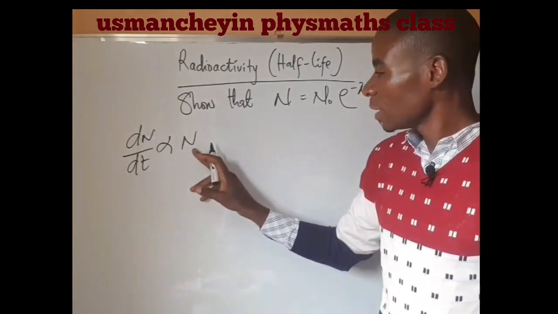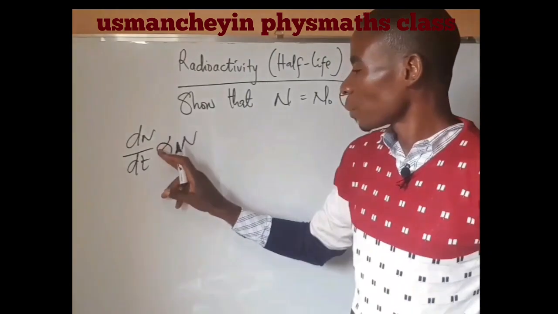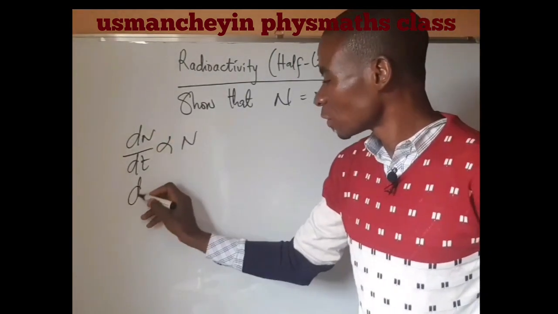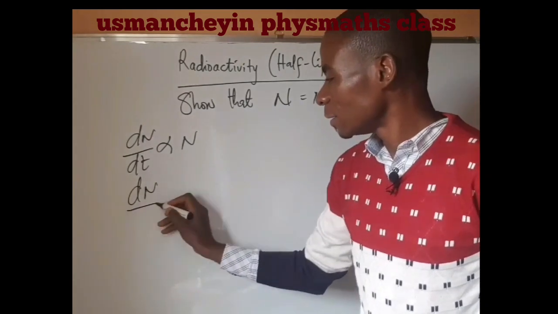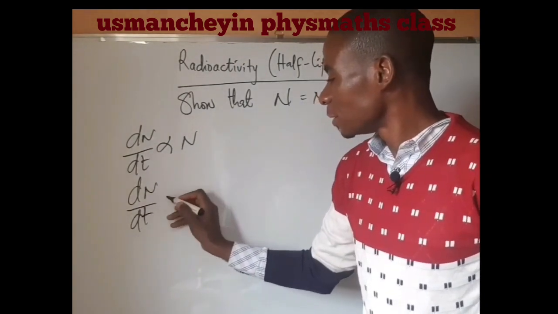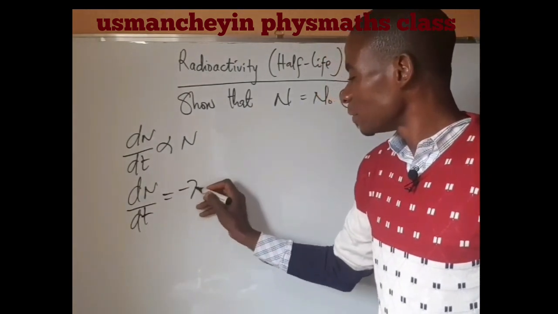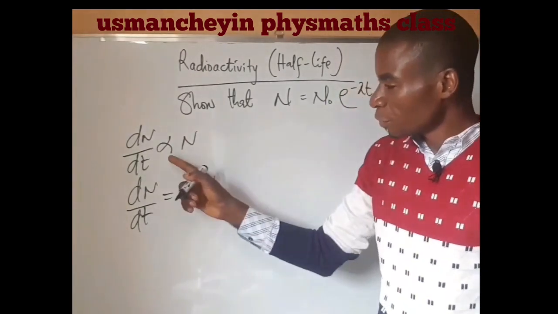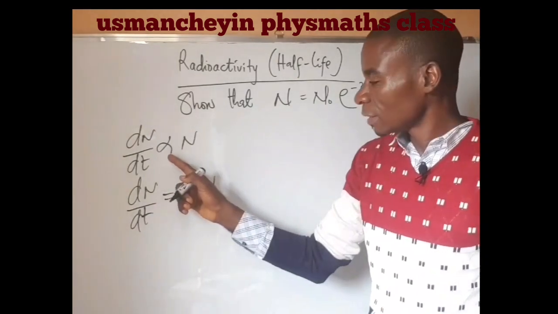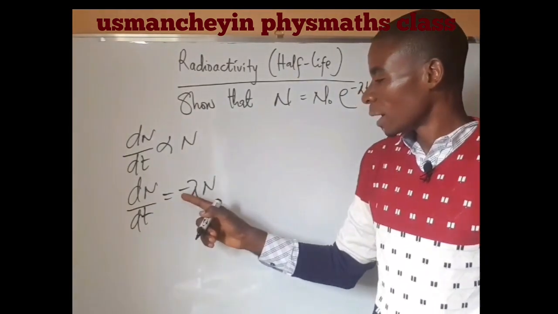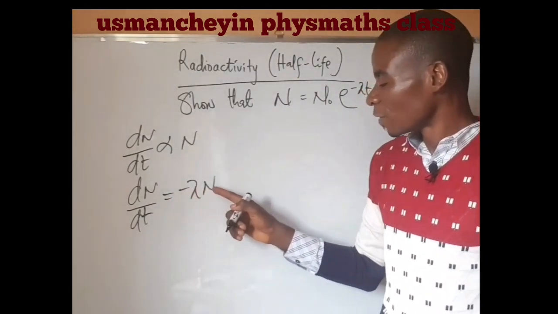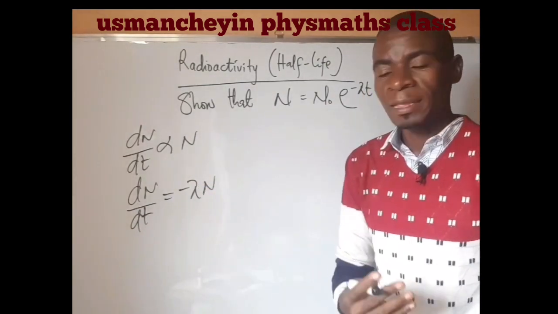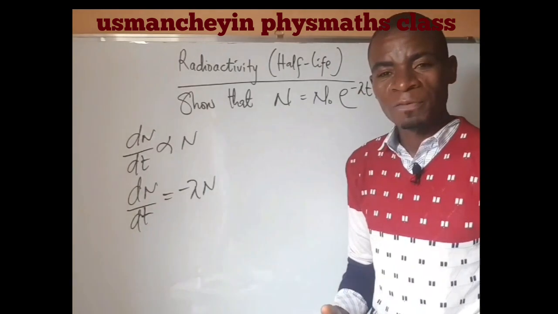If I remove the proportionality constant here, the equation turns into dN over dt equals negative lambda N. The lambda here is constant, but the problem is, where is this negative sign actually coming from?